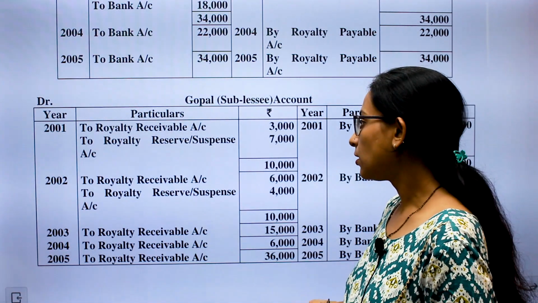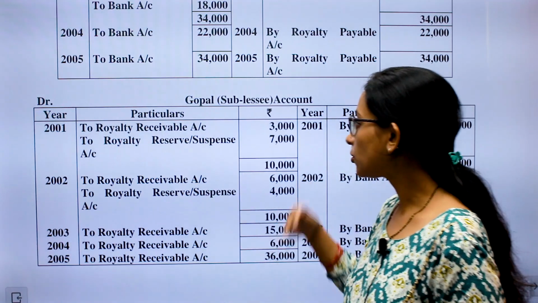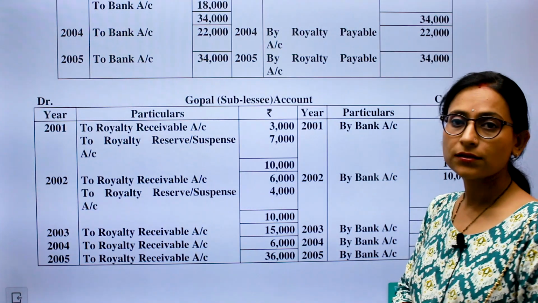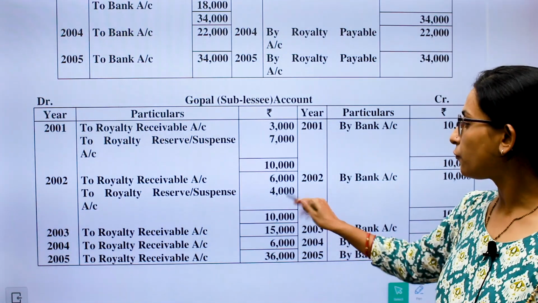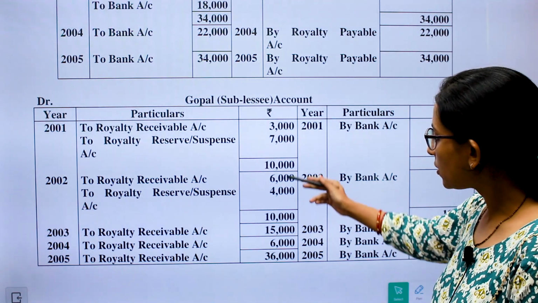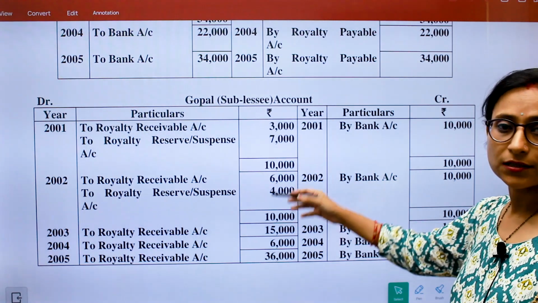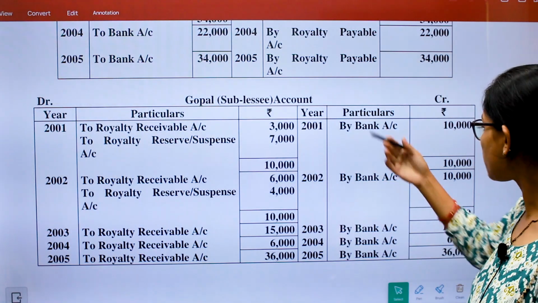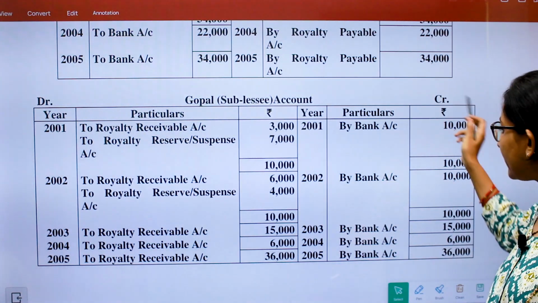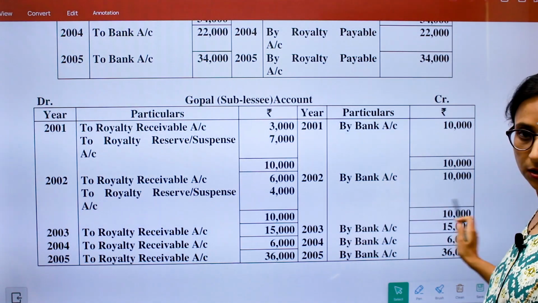Next year again the royalty paid by Gopal is 6,000 and the royalty reserve is 4,000. When we add 6,000 plus 4,000, we get 10,000. This 10,000 he is paying, so we have credited by bank account 10,000.